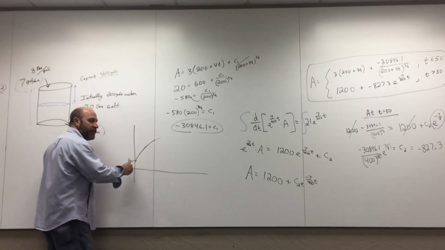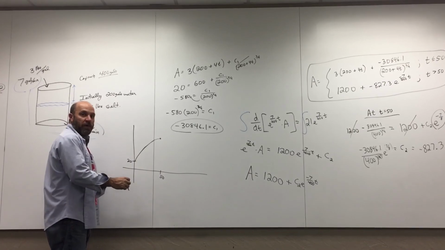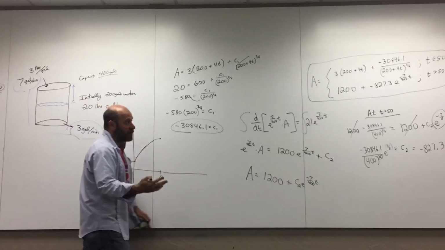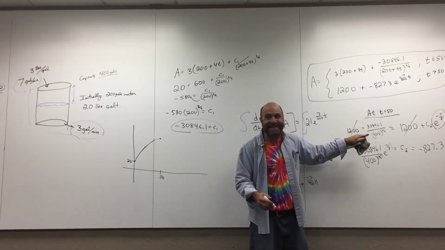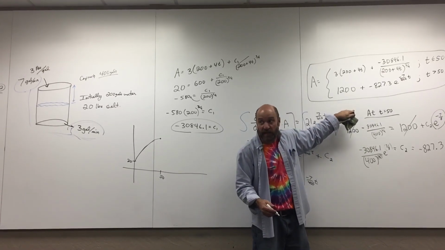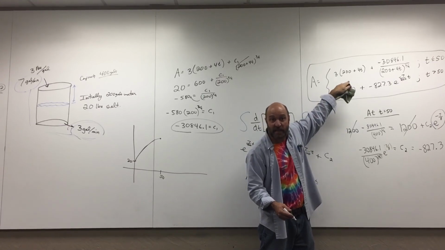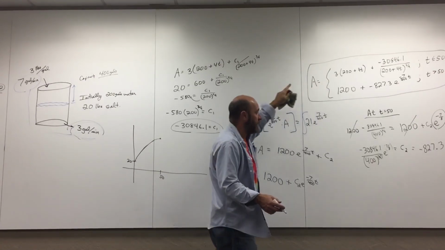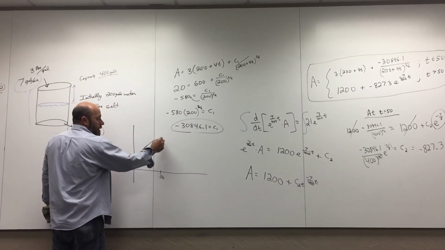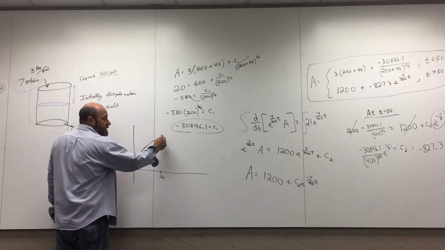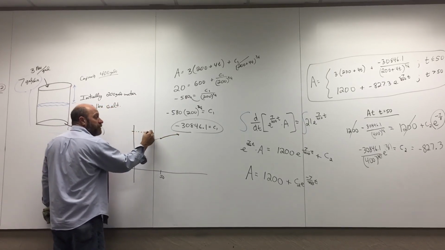But I know one thing. At 50 minutes, we ran into a new function. By setting these equal, we made this thing continuous. So we made this second piece match the first piece at t equals 50. So the second piece is here now, but it is approaching an asymptote.